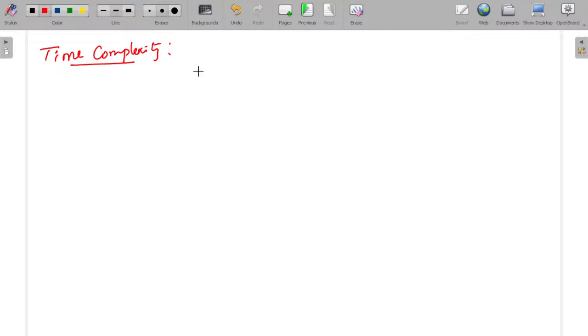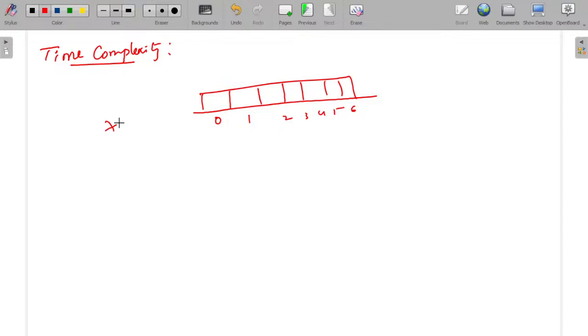All right. So for example, if you take an array of size, say, 7, with indices 0 1 2 3 4 5 6, the total number of values that we have here is 7.